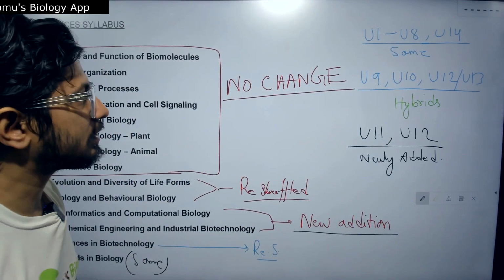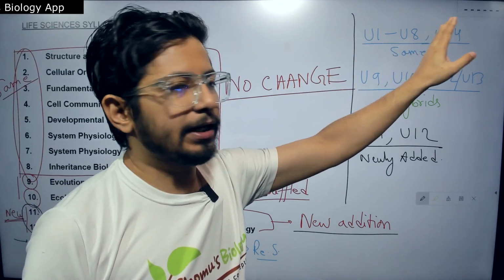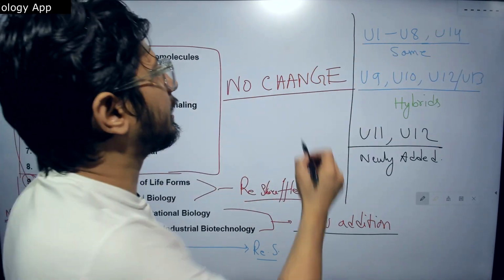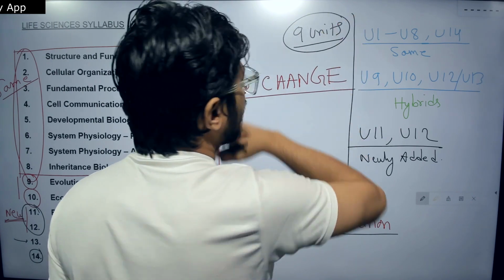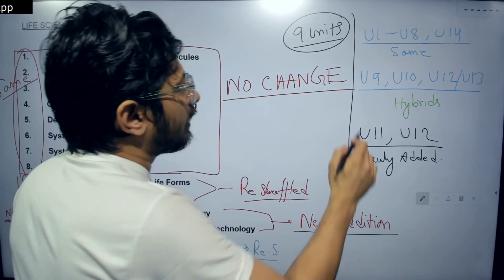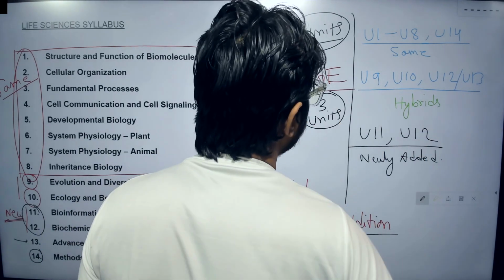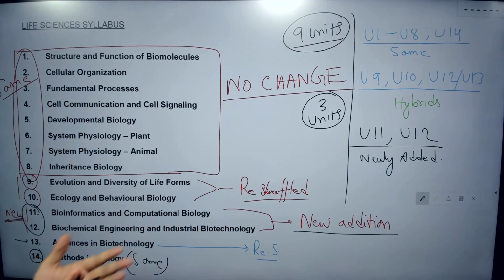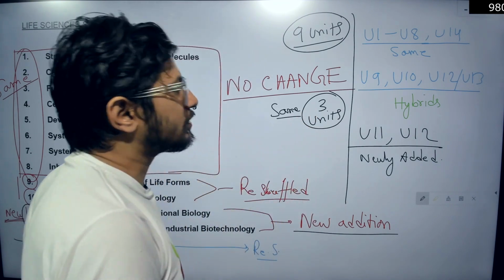In the new syllabus, unit 1 to 8 and unit 14 are exactly the same, so a total of 9 units are the same as earlier. 3 units are mixed from new and old, the old units mixed together.